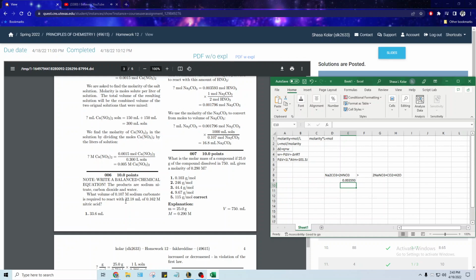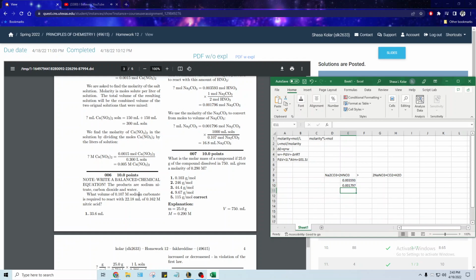Because we have HNO3 and we have this many moles of it, we're going to divide this by 2 because we need half of these moles to neutralize this much. Or we need half of this to neutralize this, whatever. You get what I'm saying. Divide by 2.